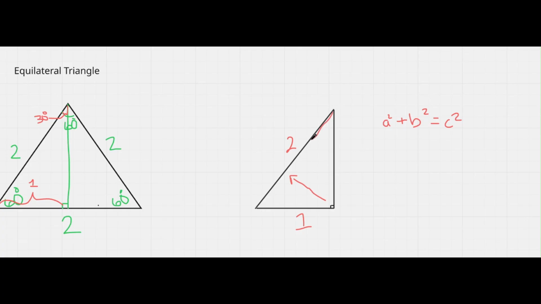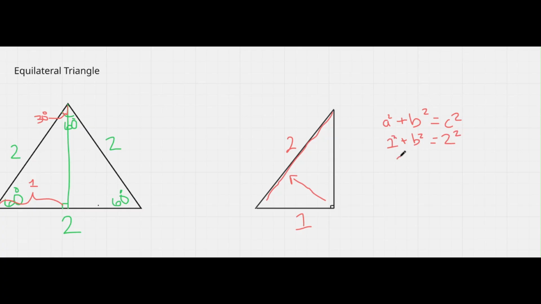So we're going to have a squared, which is going to be 1 squared, plus b squared, which is going to be our missing leg, equals c squared, which is going to be 2 squared, which is our hypotenuse.